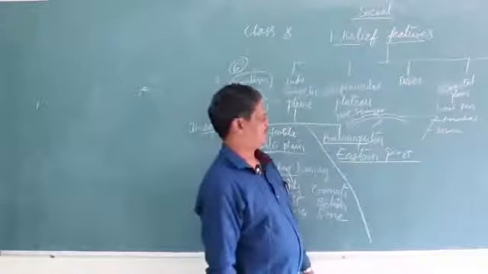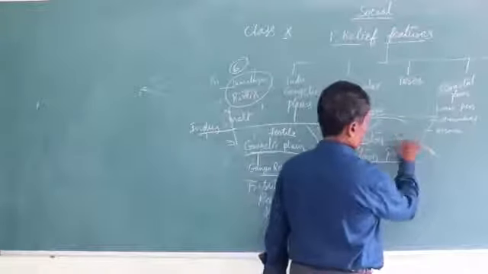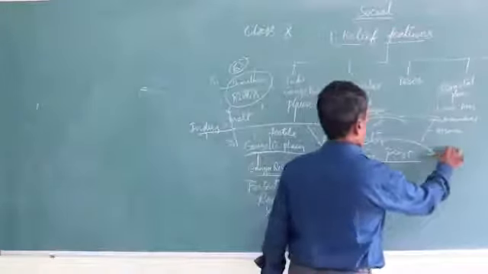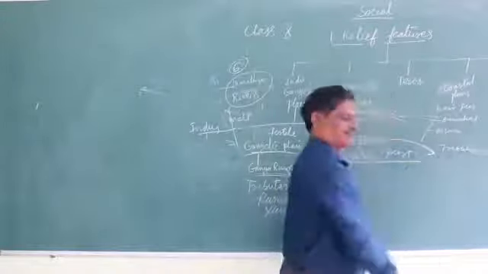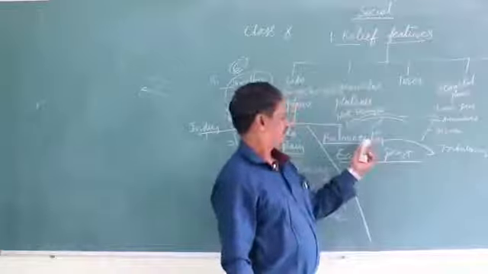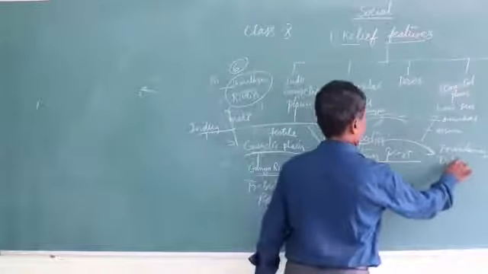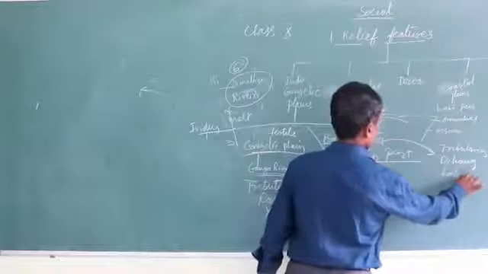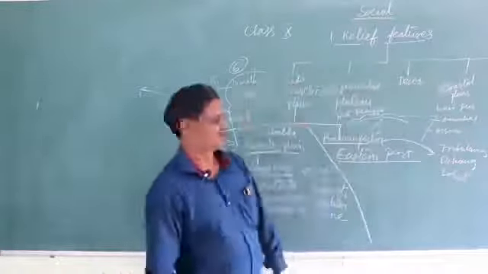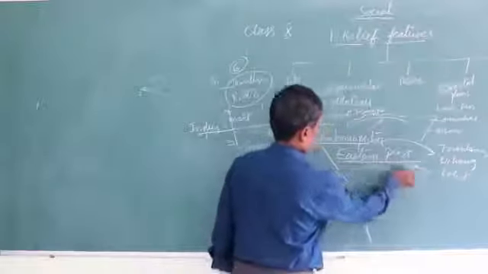So by flowing, Brahmaputra has two tributaries. What are the tributaries of Brahmaputra? The Dibang and Lohit. So eastern plains are formed.